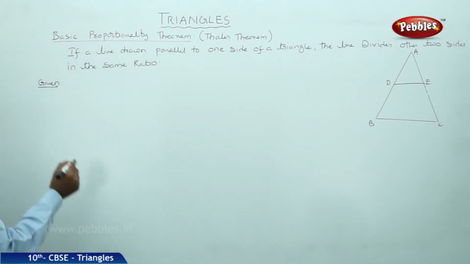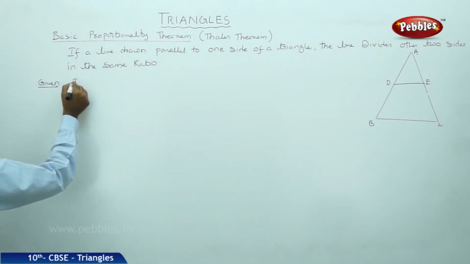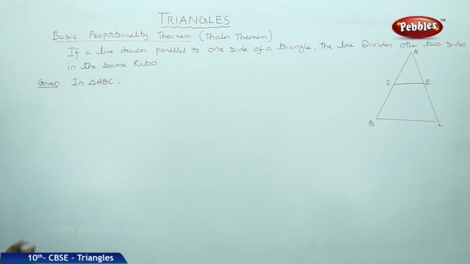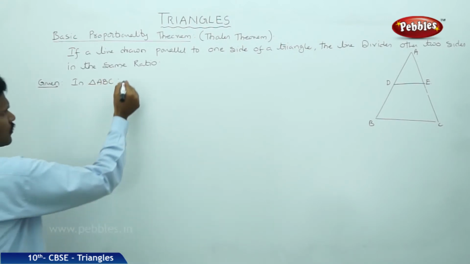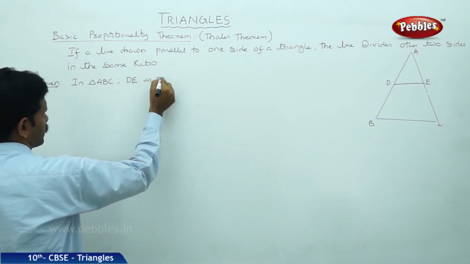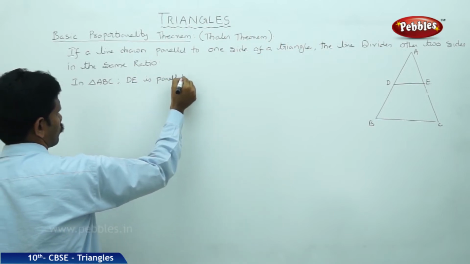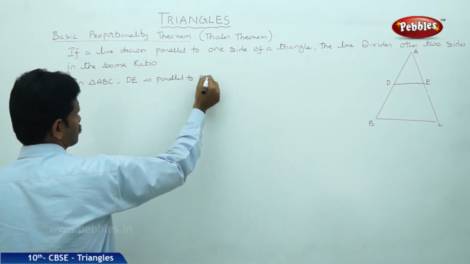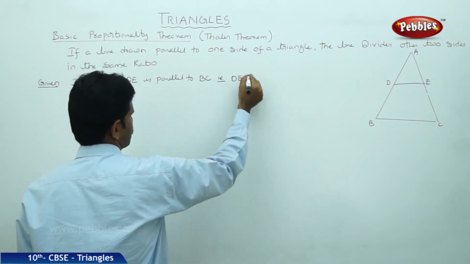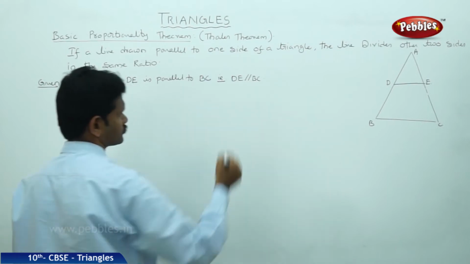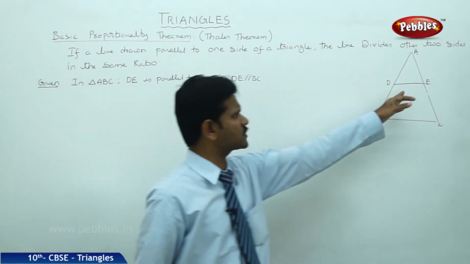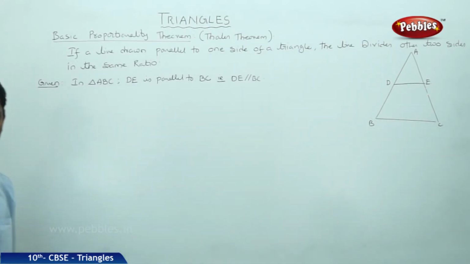Now, given: in triangle ABC, DE is parallel to BC.